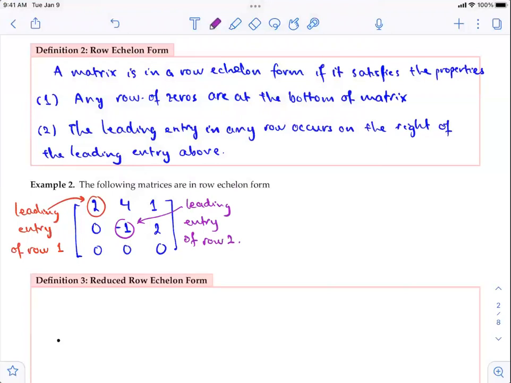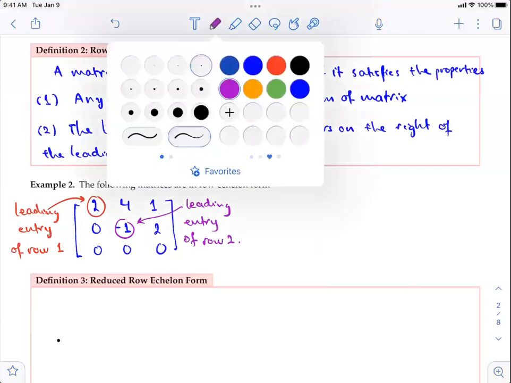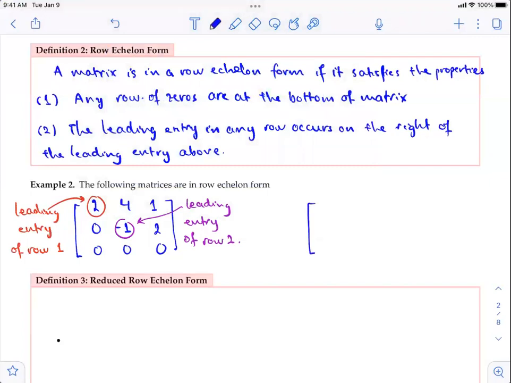All right, let's consider another example right here. I have the matrix of the form 1, 0, 1, 0, 1, 5, 0, 0, 4. This matrix is also in row echelon form, even though you don't have any rows of zeros in the matrix, that is fine. The more important part is that the leading entry in any row occurs on the right of the leading entry above it.